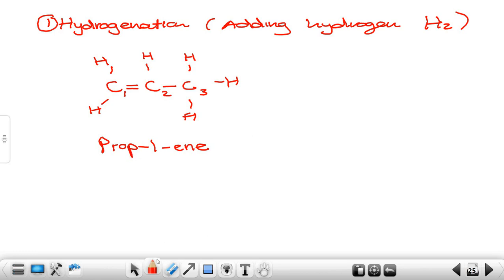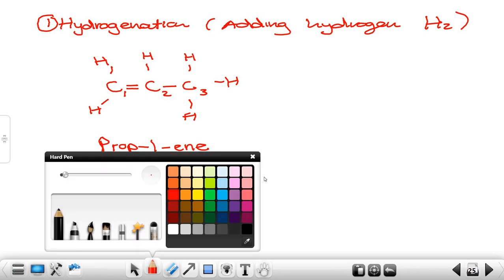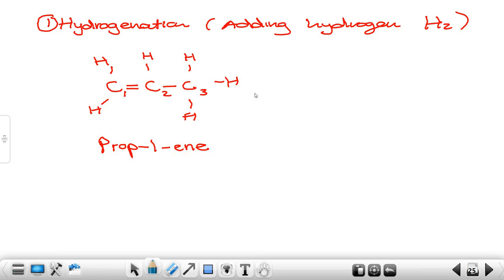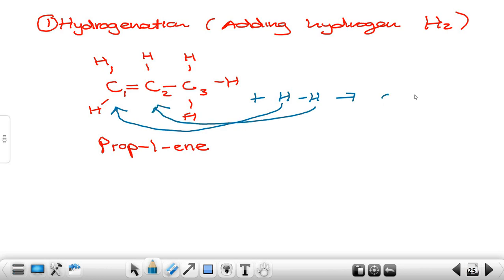So now when we add our hydrogen to it, the double bond is going to break, and this hydrogen is going to form there, and the other one is going to go here. So we are going to have one here and one here.